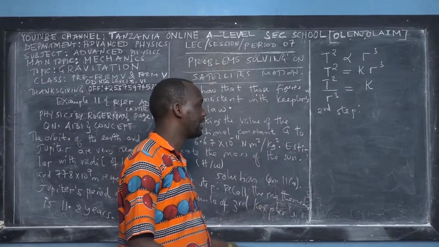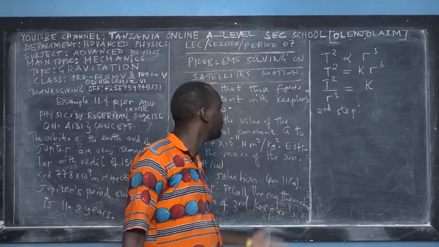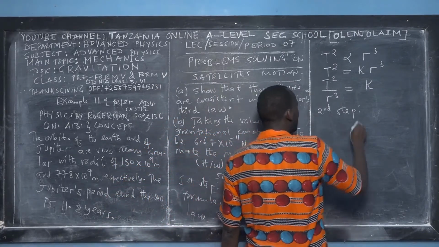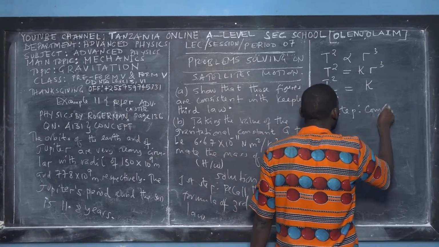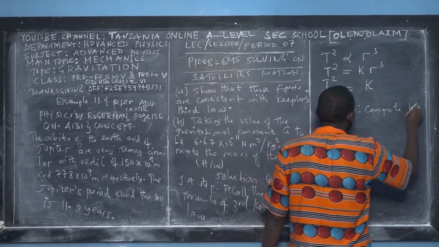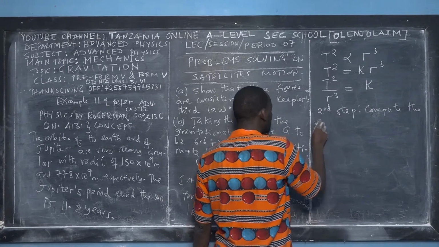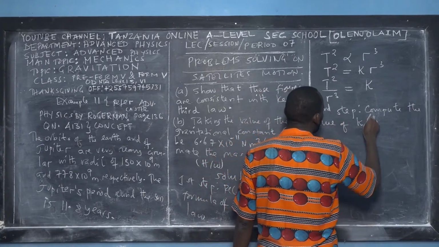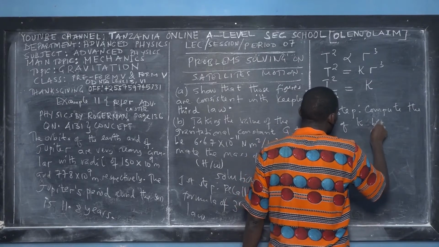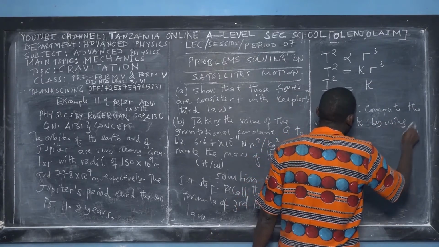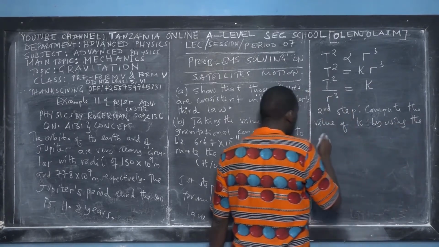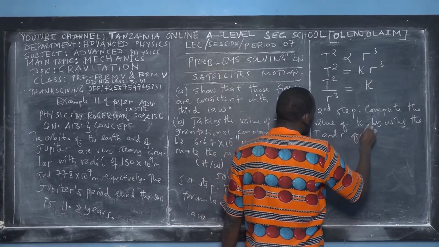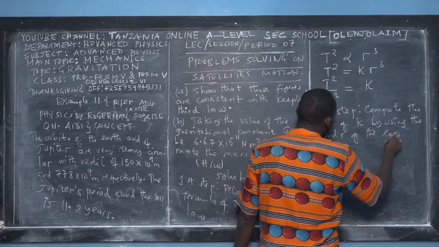In case we find the same constant, then the figures are consistent. That's the meaning. So the second step: compute the value of the proportionality constant by using the period and the mean distance of the Earth.